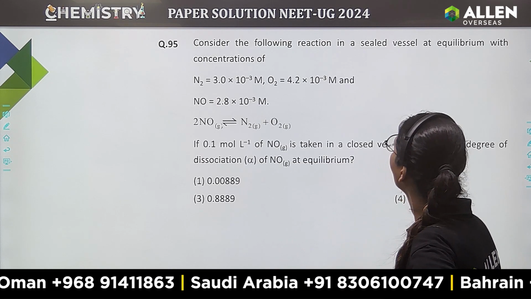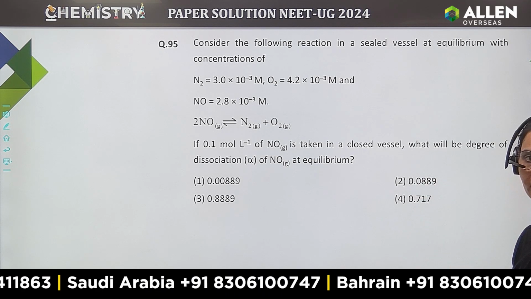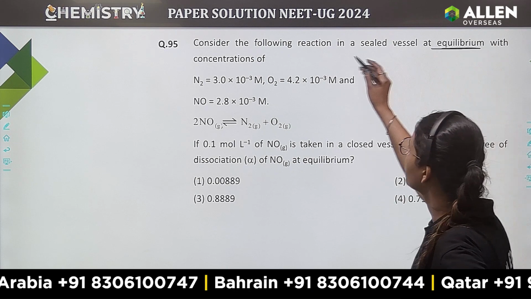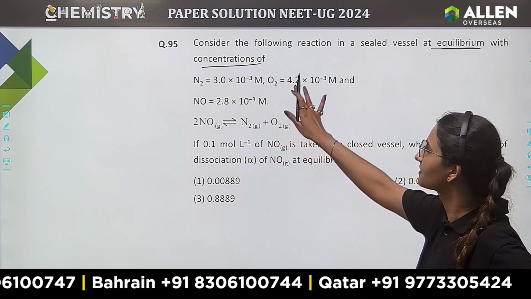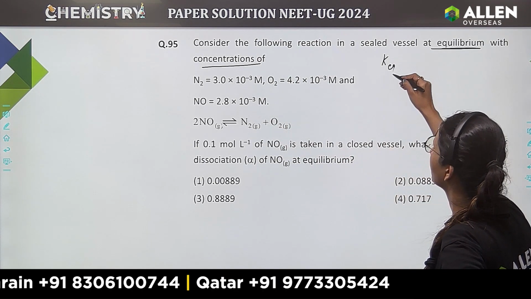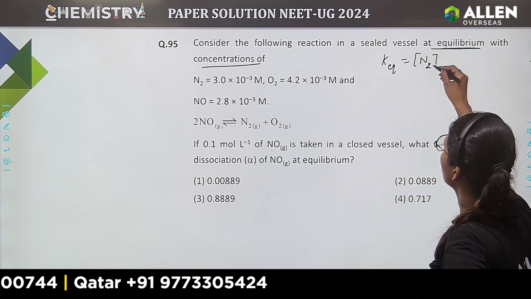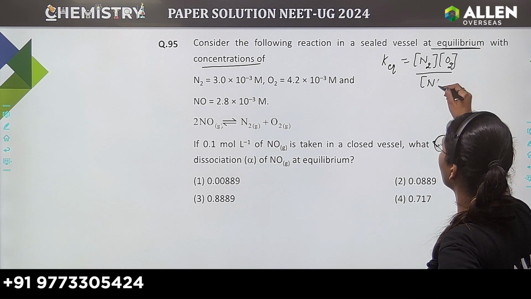Next, okay, we have to consider this reaction. What will be the degree of dissociation? Students, they have said these concentrations are at equilibrium. So using these concentrations at equilibrium, first I will find K equilibrium. How? Concentration of N2 into concentration of O2 by concentration of NO square.